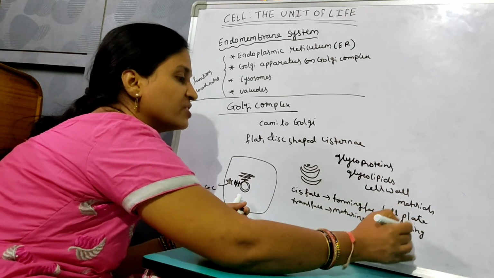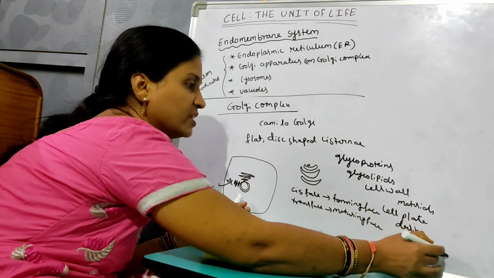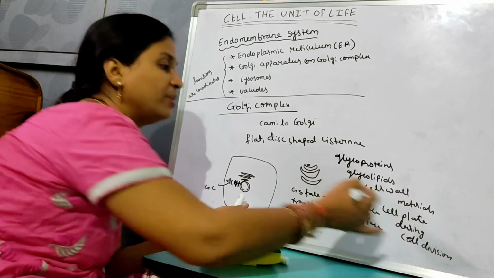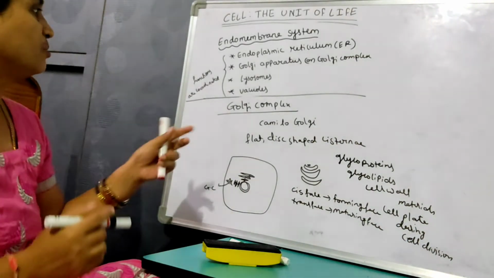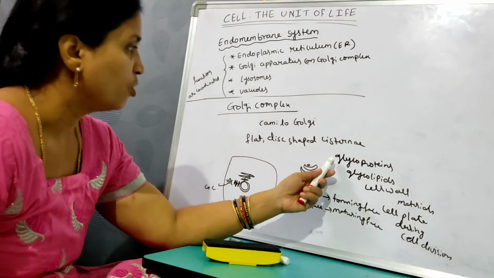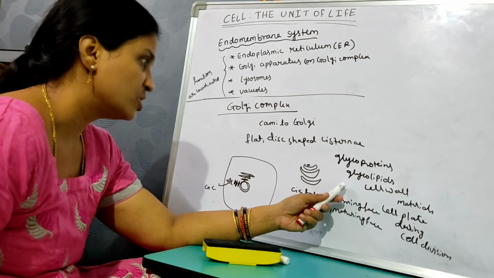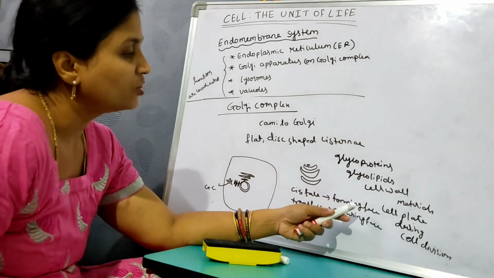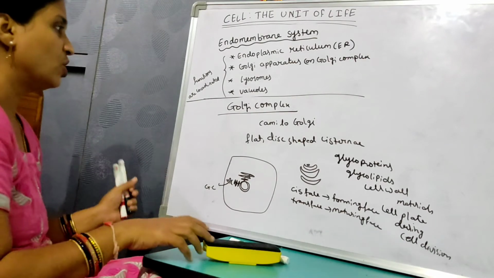This cell plate later forms the middle lamella, and the middle lamella transforms into the cell wall. So it plays an important role in the formation of glycoproteins and glycolipids, synthesizes cell wall materials, and helps in the formation of the cell plate during cell division. This is about the functions of the Golgi apparatus.